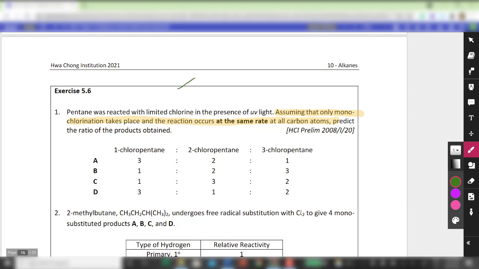So if you look at pentane alone, let us look at the number of unique H's. So we have HA here, which is the same as the HA here. Now there are 6 in total, so I'm just going to delete that. And then HB will be different from HA, although it's secondary.